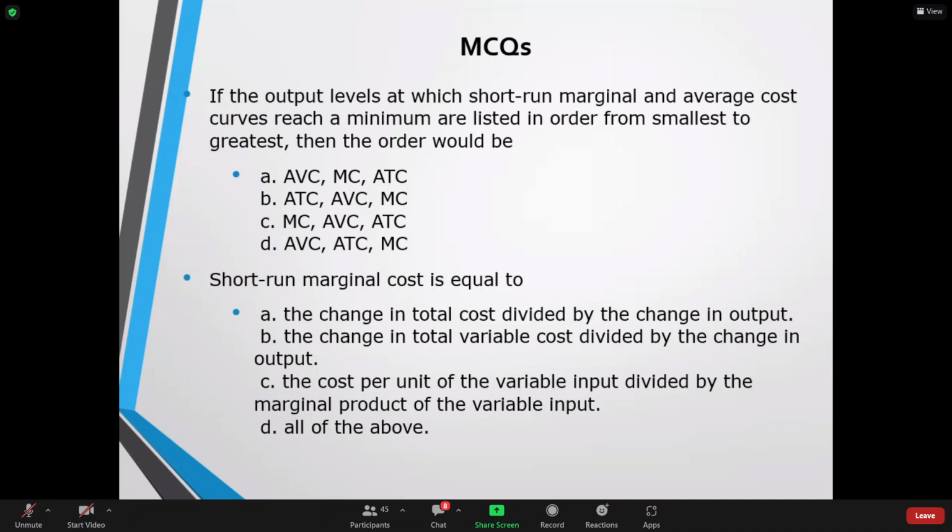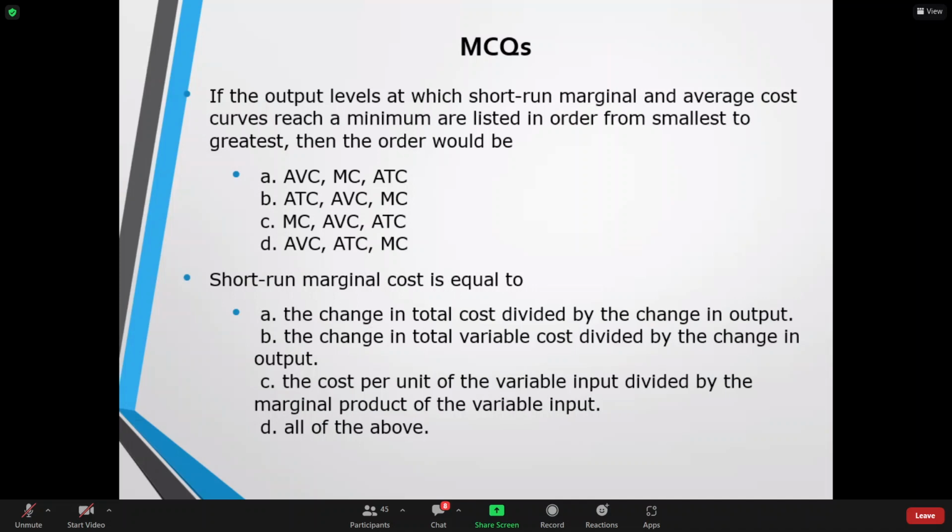Why? Total cost is, within bracket you can put TC plus FC, but FC is constant. Take the FC out of the delta. So it is delta TVC divided by delta Q, isn't it? It specifically says short run marginal cost. So you should be alert.